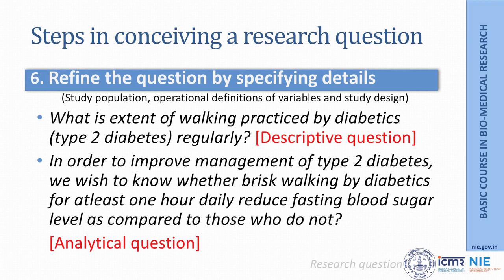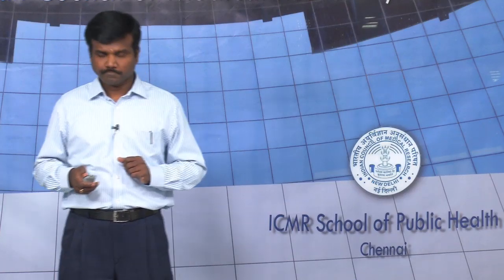An example of descriptive question in the example that we are discussing is that what is the extent of walking practiced by diabetics, that is type 2 diabetes, regularly? Or an analytical question could be, in order to improve management of type 2 diabetes, we wish to know whether brisk walking by diabetics for at least 1 hour daily reduce fasting blood sugar as compared to those who do not.